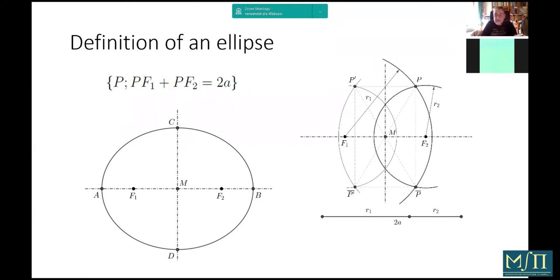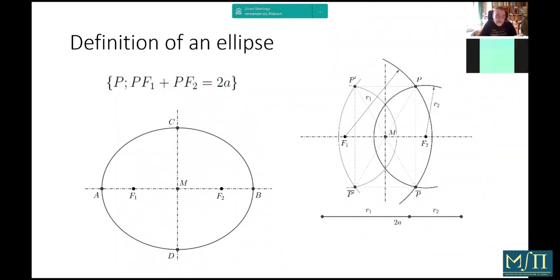So if this distance is equal to a, then both distances will be equal to a, and the sum is certainly equal to 2a. So again, we simply intersect the circle with, in this case, midpoint either F1 or F2 with the minor axis, and immediately obtain these two minor vertices, C and D, of the curve. So everything that I've said so far, I would assume that everyone is familiar with.